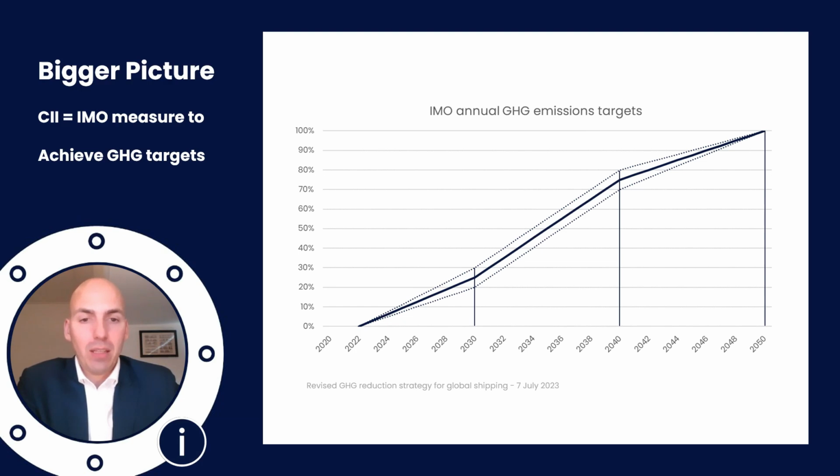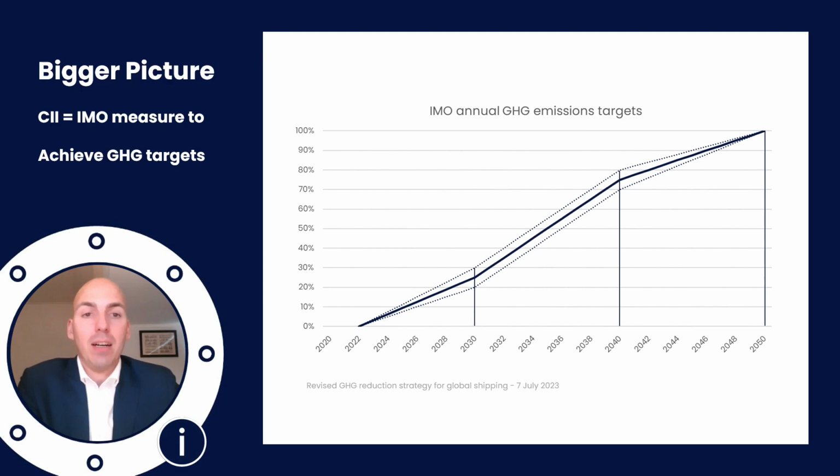And what they have stated is that they aim for between 20 and 30% reduction by 2030, 70 and 80% reduction by 2040, and 100% reduction by 2050. Those are the total global shipping emission reduction targets, which is quite a lot.